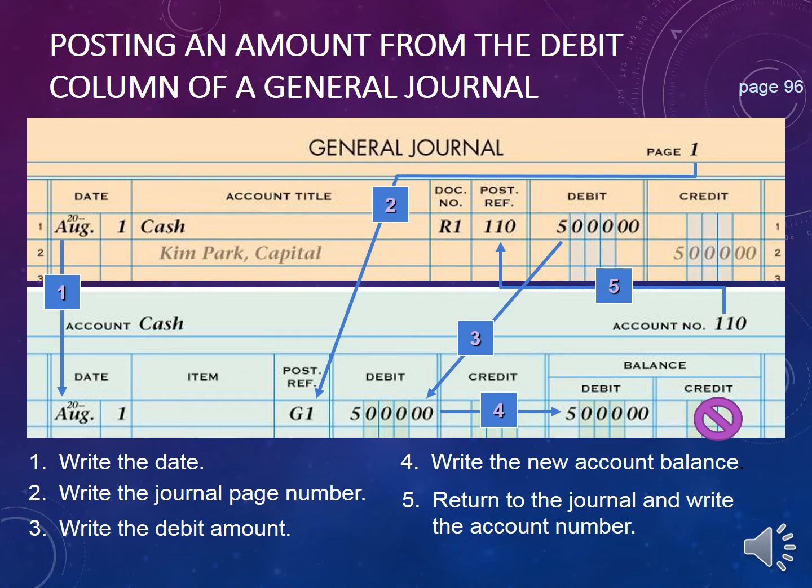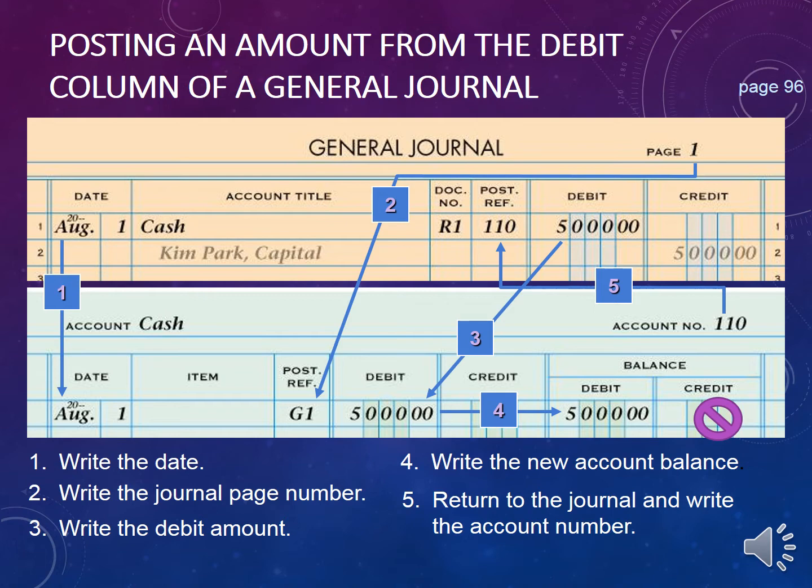We do not record all the post-reference account numbers at the start and then go post the entries, nor do we post the entries and then go back and record all our post-reference account numbers at the end. You must show posting as you go.